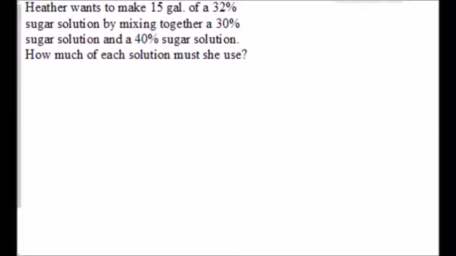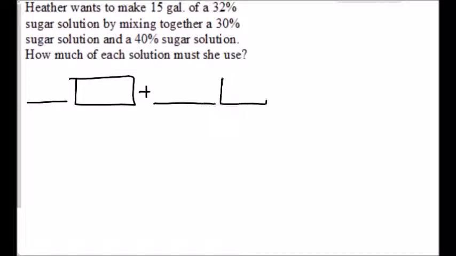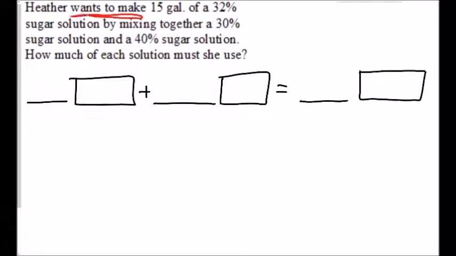Similar problem, we've got 2 different solutions that we're mixing together, so I'm going to use my visual here to help me organize things. So Heather wants to make 15 gallons of a 32% sugar solution. That would be the end goal.